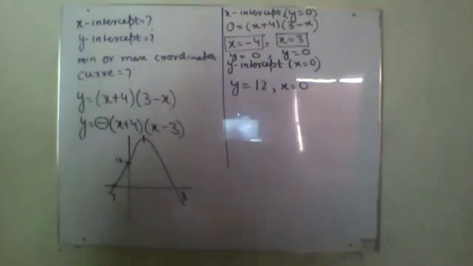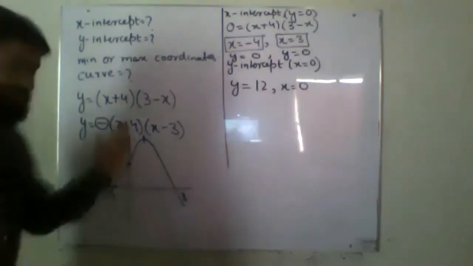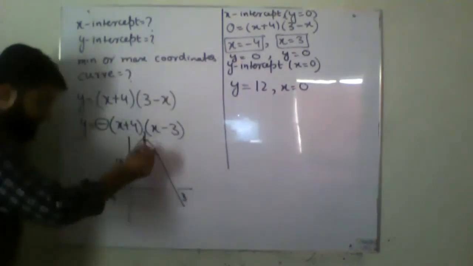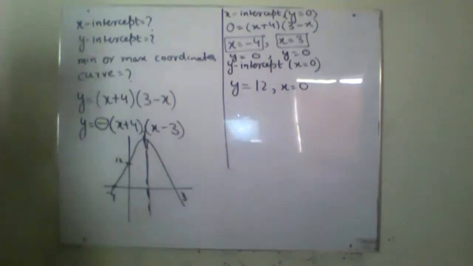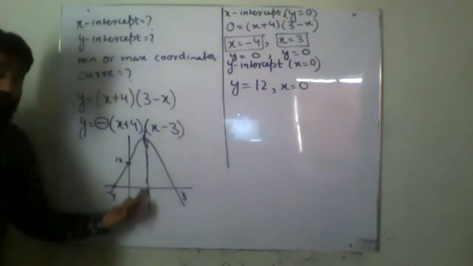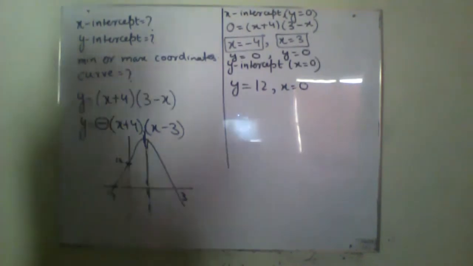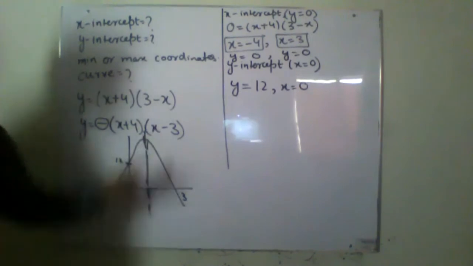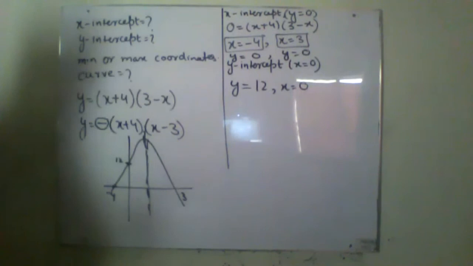How to find the coordinates? Now I have told you guys that these are quadratic curves. Quadratic curves means they will be symmetrical curves. It means there is a line, a symmetrical line over here, which will pass through the maximum or minimum point, which will pass through the turning point. How to find it?